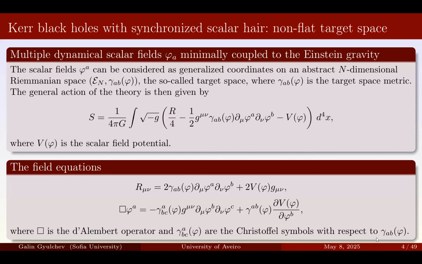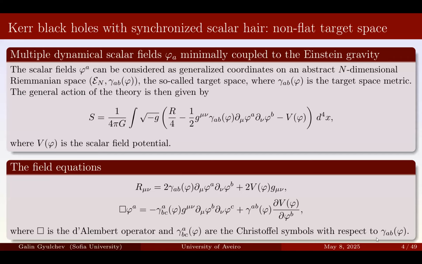Using this general form of the action of the theory, we assume that we have multiple scalar fields which can serve as instruments to construct the so-called target spacetime, which is in this case a three-dimensional space in which we can model the curvature of the space and use the curvature of this space as an additional parameter in order to understand how it will impact the image parameters.